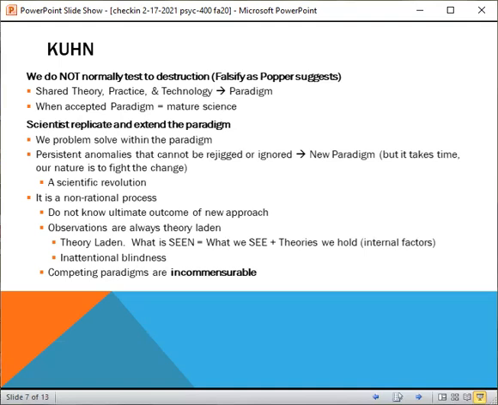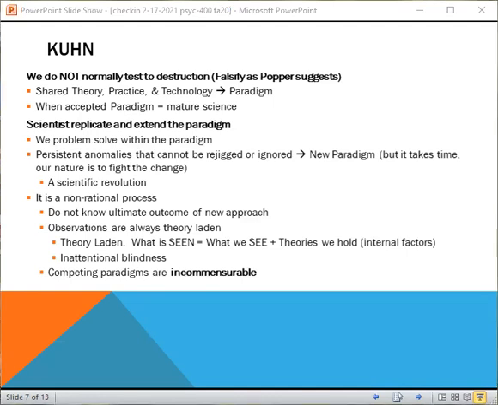Because of that, it's very difficult to compare them on the same scale. And so with all these things, that's why Kuhn always saw this as a non-rational process, because there's so much about it that is either very subjective to a degree that we can't get past, or it's basically apples and oranges when it comes to the differing paradigms out there.